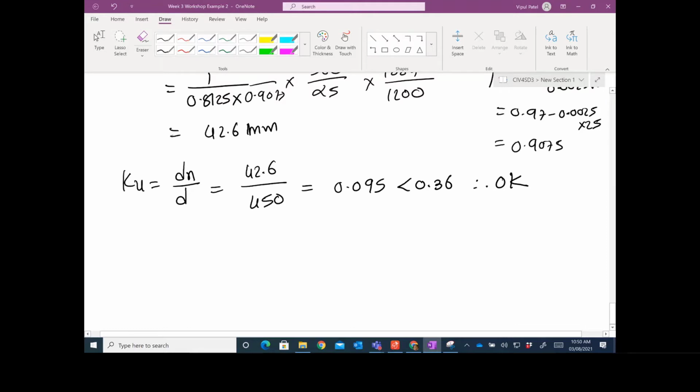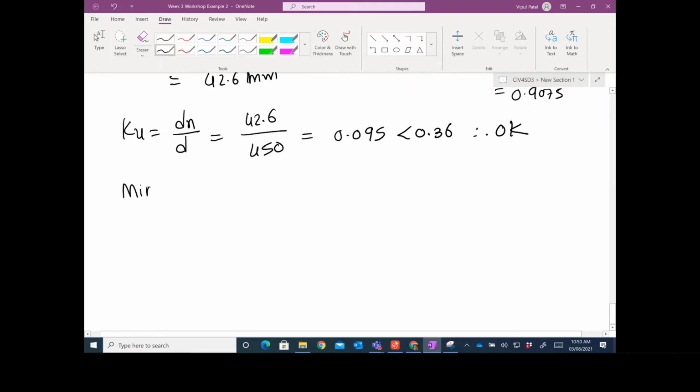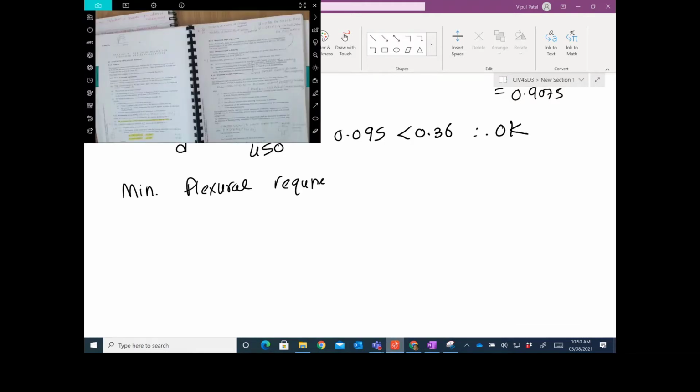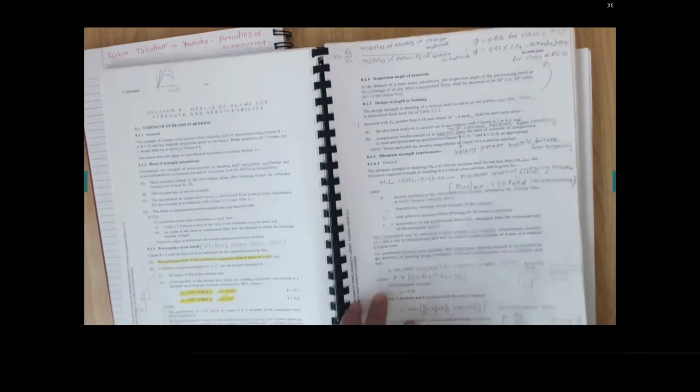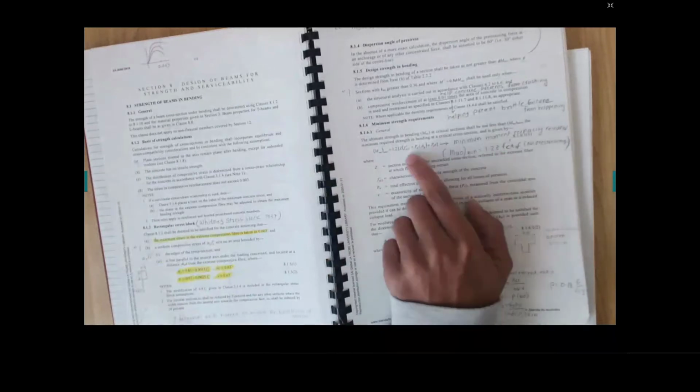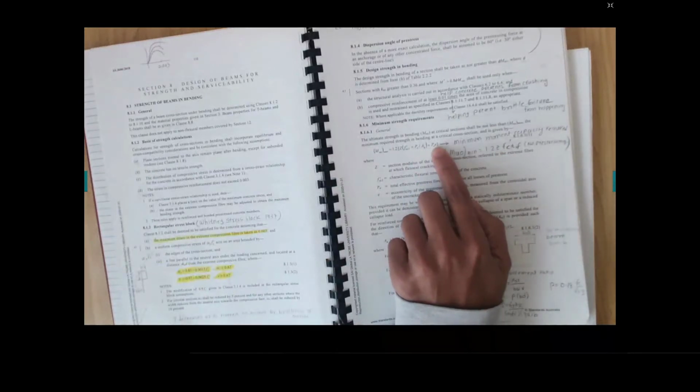Now let's check the minimum flux requirement. I think I explained this to you at the start. You have this minimum flux requirement, minimum AST requirement. Let's do the minimum flux requirement. Please note PE equal to 0 here, because it's a pre-stress force.